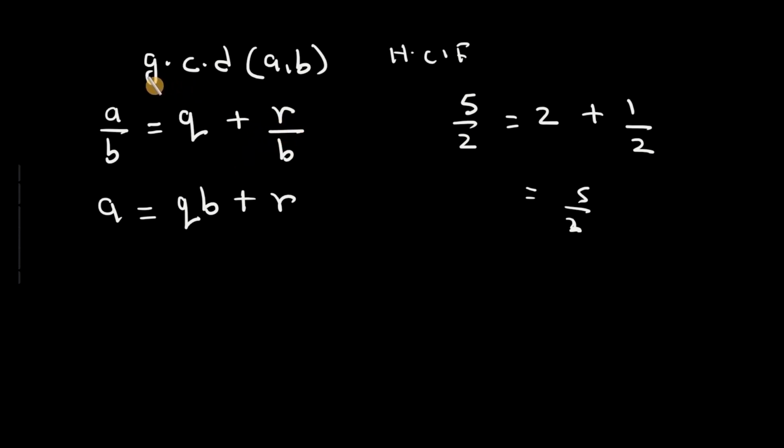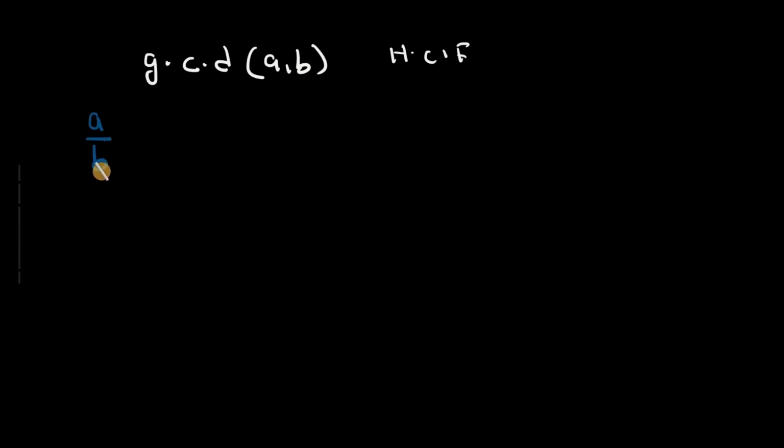To look for the greatest common divisor of a and b using the Euclidean algorithm, we follow these steps. Let's say a divided by b gives the answer q1. Then we can write a equals q1 b plus remainder, let's say r1.